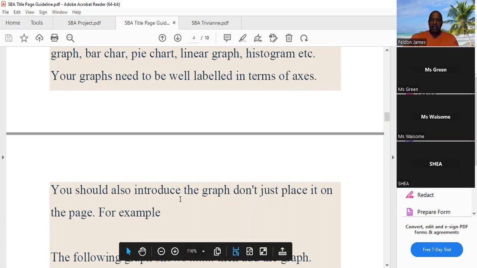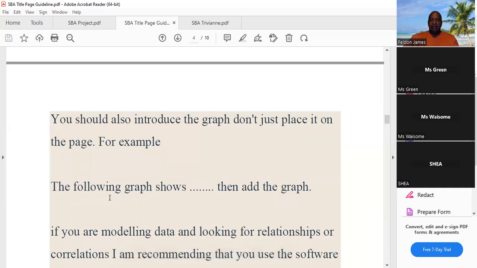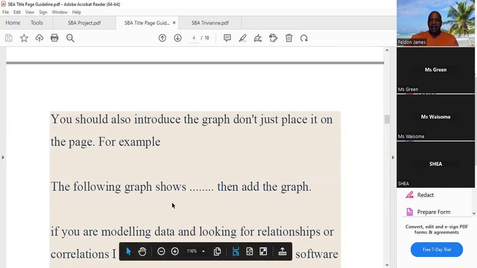Why are you putting in that chart? The following graph, and this is an example here: the following graph shows, and you say whatever it shows, then you add the graph. So don't just put in the graph. You need to write something like this before you put in the graph. Say the following graph shows X, Y, Z, then insert the graph.